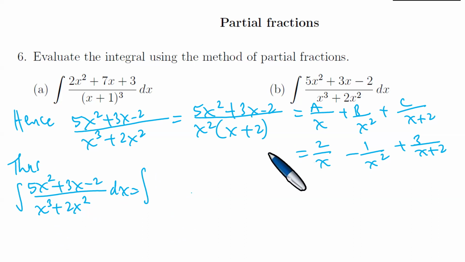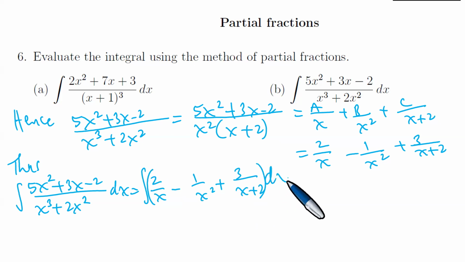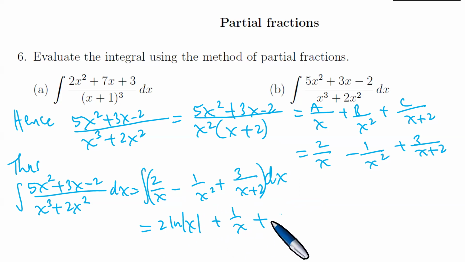So to do this integral, you'll have to do the integral of 2 over x dx, which is 2 times the ln of this. If you integrate this one, it is plus 1 over x, plus 3 times the ln of x plus 2, plus c.